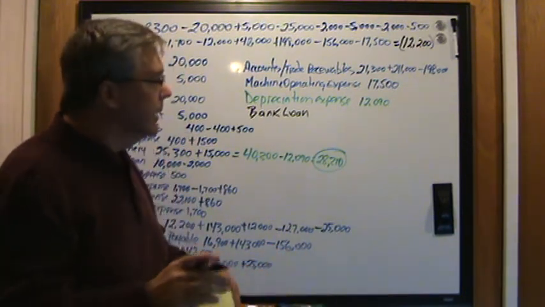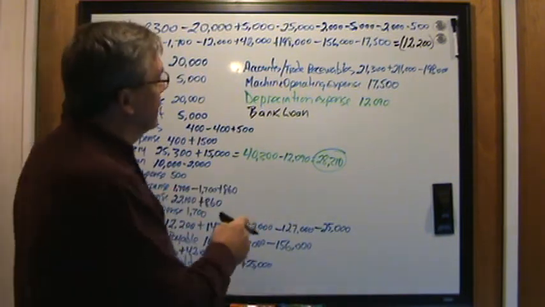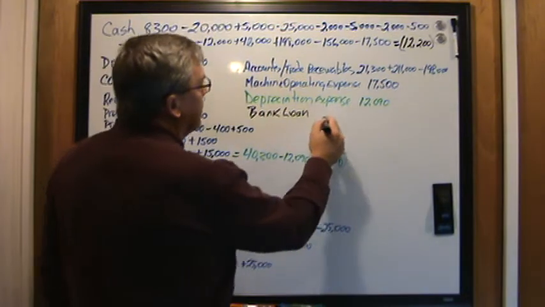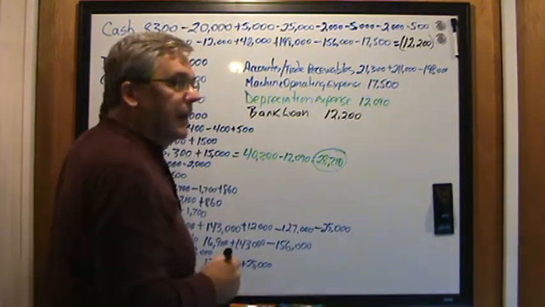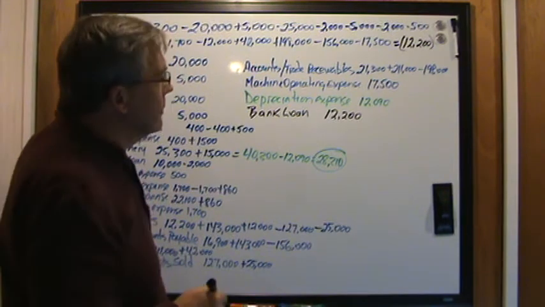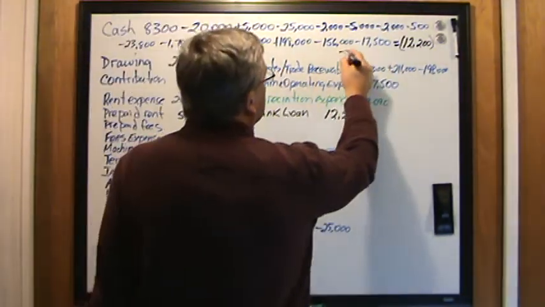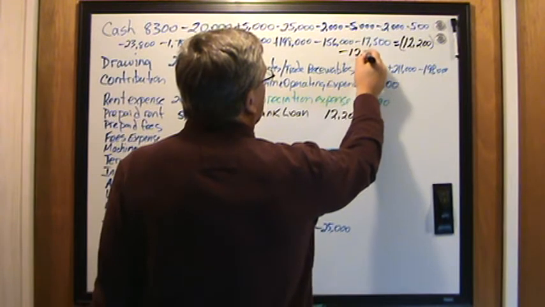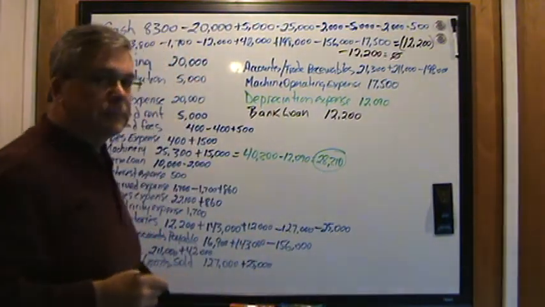There are different names, but it's a short-term thing to cover these types of cash issues. So we're going to borrow $12,200 from that bank, and that's going to change our cash by $12,200, which will bring our balance to zero.